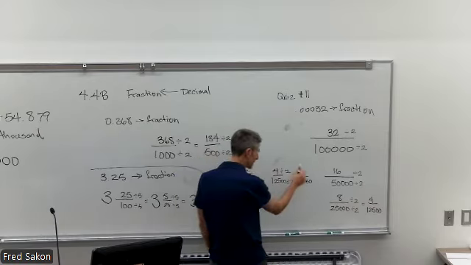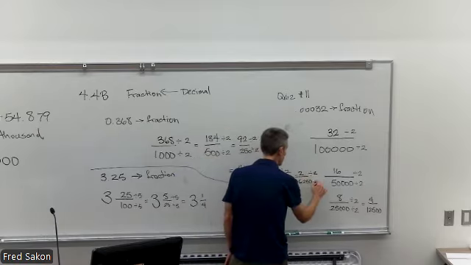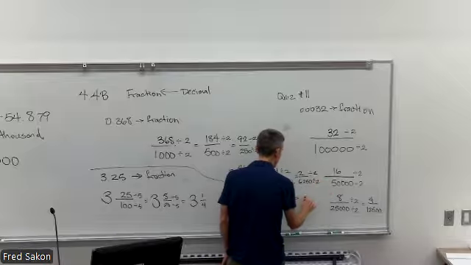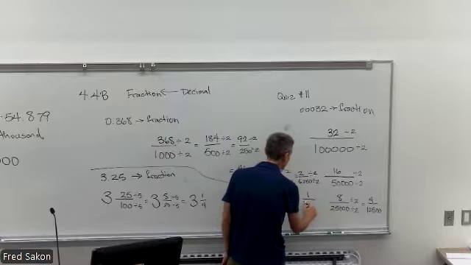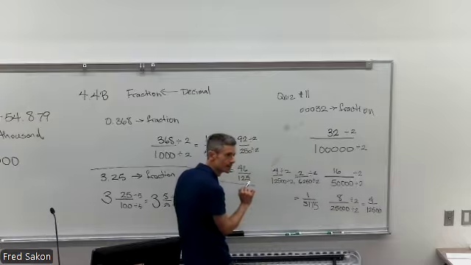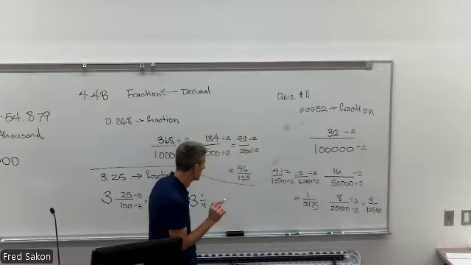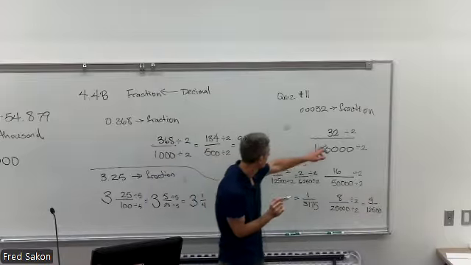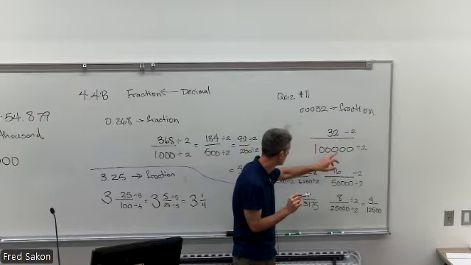And then, those are even, so divide by 2 again, and we get 1 over 3,125. And that was from dividing by 32 on both top and bottom.